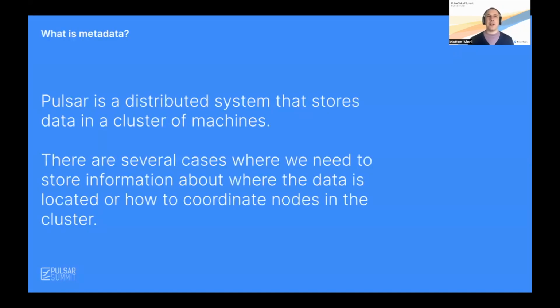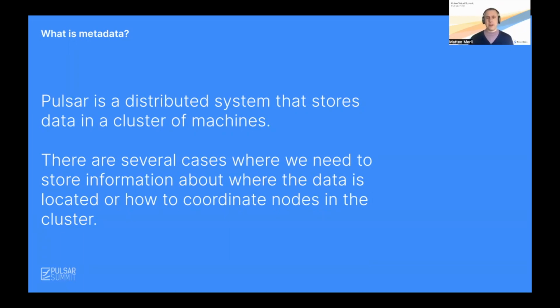You can think about Pulsar as a distributed system, and the purpose of Pulsar is to store data for a shorter or longer amount of time in a cluster of machines. The first use case for metadata is that, okay, we can store data in multiple servers, but now we need to know where my data is, which machine has my data, which file, which location in that file. So this is kind of like a pointer to the data.